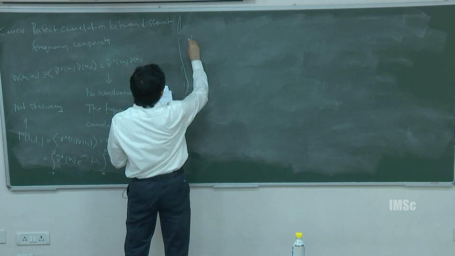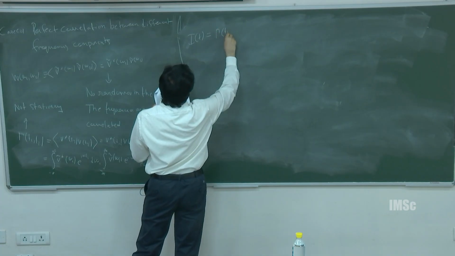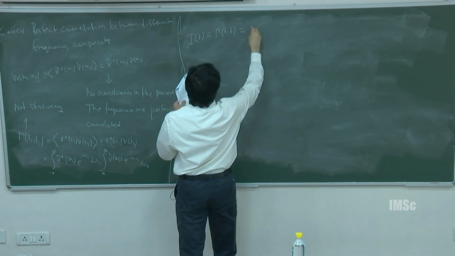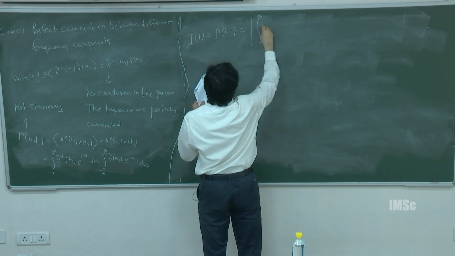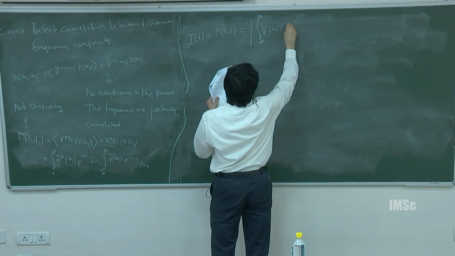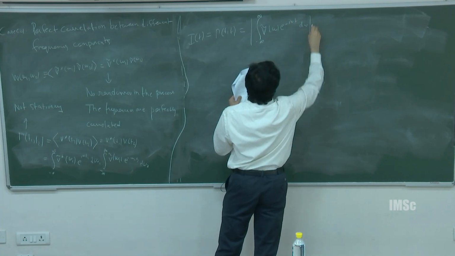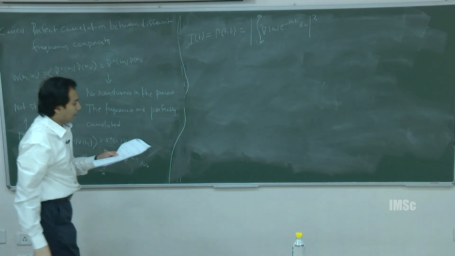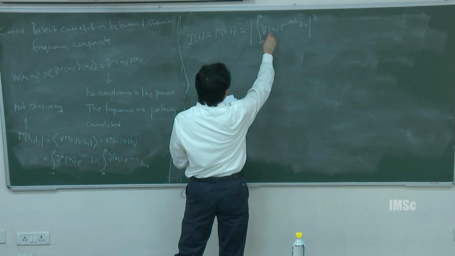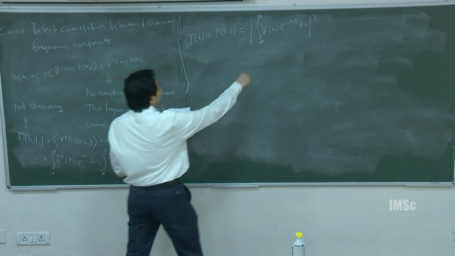So I of t is... this is how we formally calculate intensity, and the exact form depends on v tilde of omega, the nature of the spectrum.